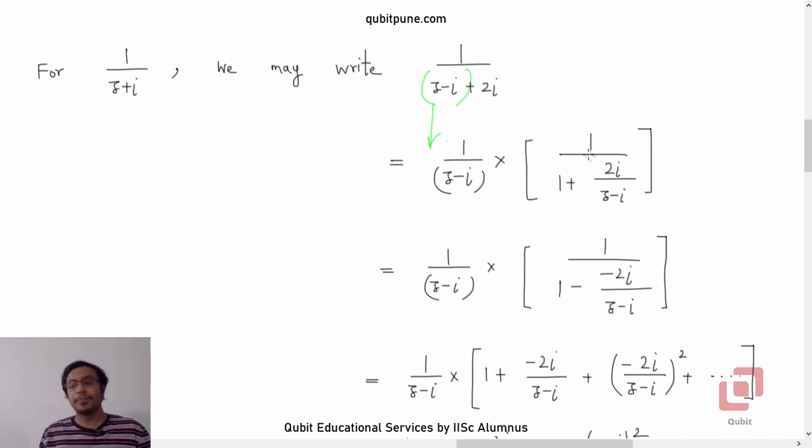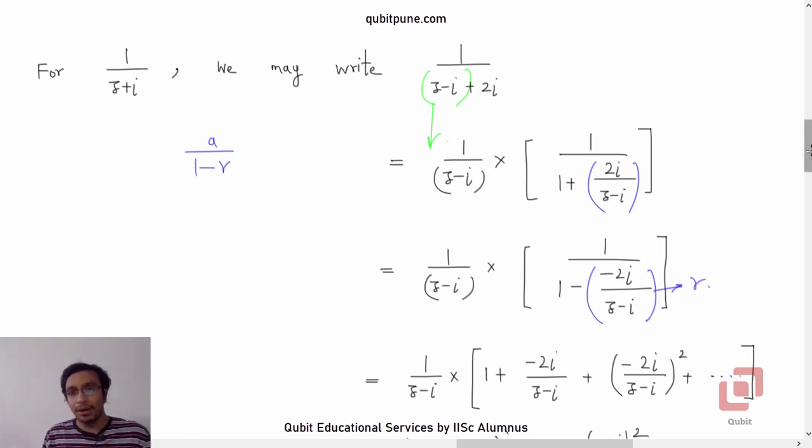It will be 1 upon, this will be 1 plus 2i divided by z minus i. Again we would like it to be in the form a upon 1 minus r, so change the sign of 2i. This time this is our r.